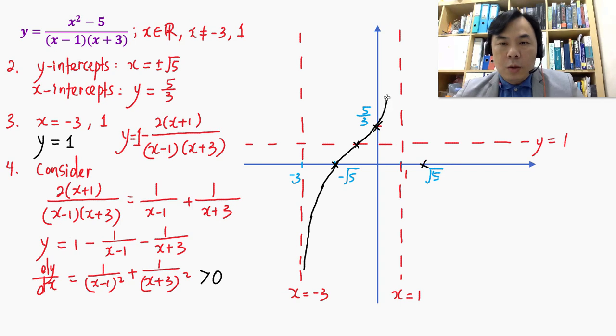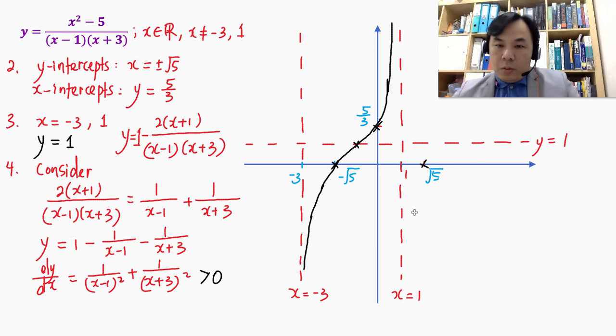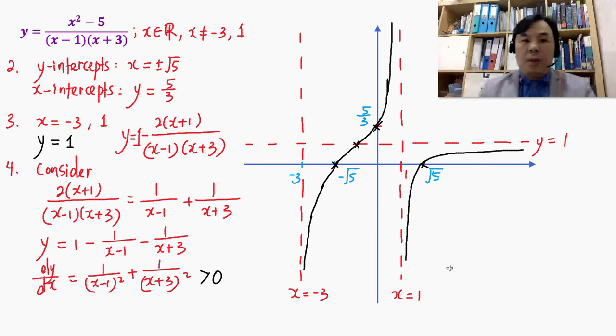And then passing through, and then going very near to the end. Alright, so that's the first part. And then the second part will be the gradient, because you need to pass through here. Gradient is positive. So therefore, I believe that the graph must look something like this. Alright, now that's the second part.